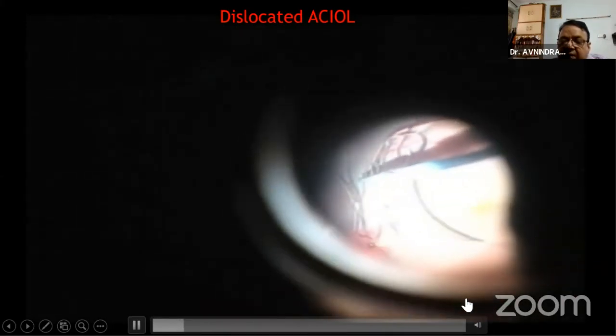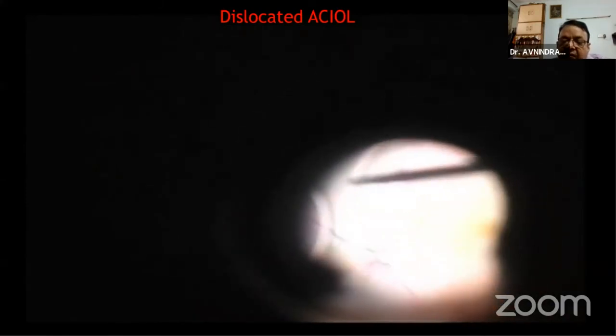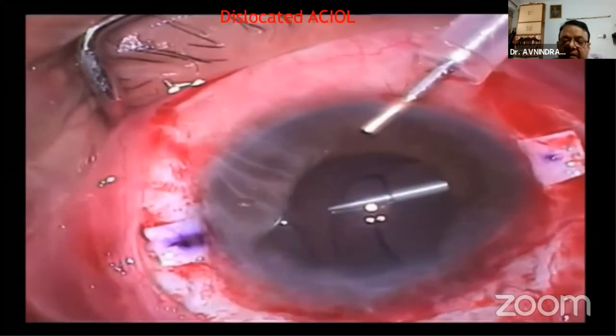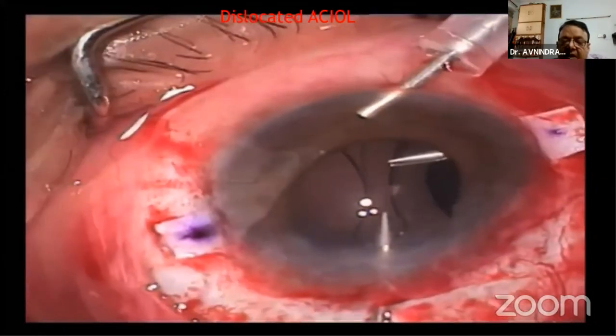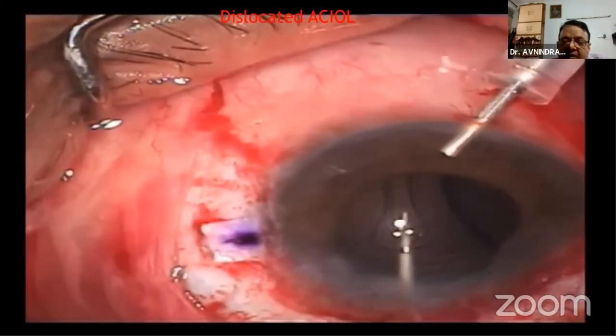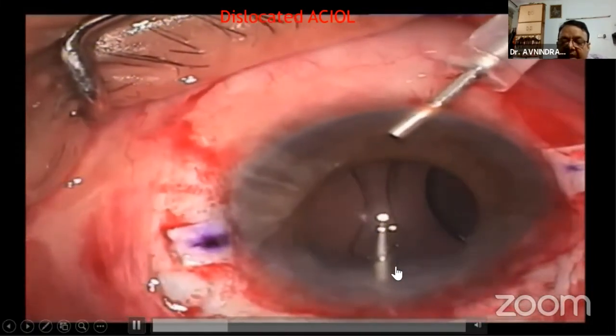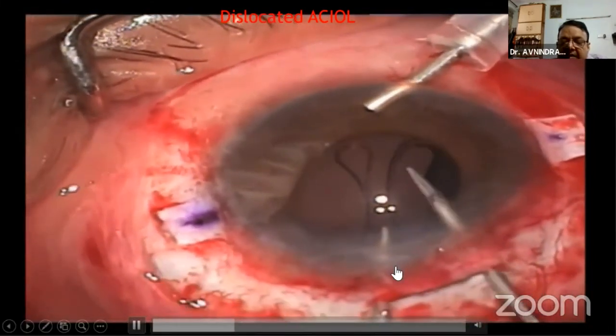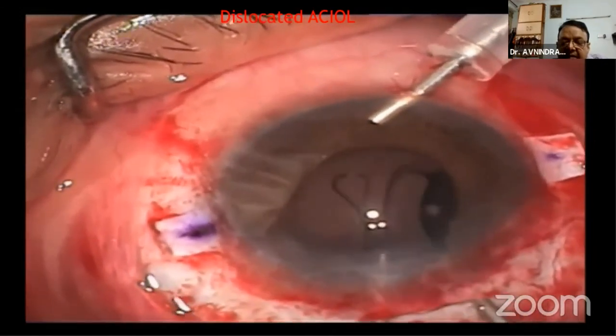All the vitreous was freed from the IOL, and this haptic was held with a 23 gauge forceps and brought into the pupillary plane. With a gentle maneuver with another forceps, the haptic was held and gently externalized.